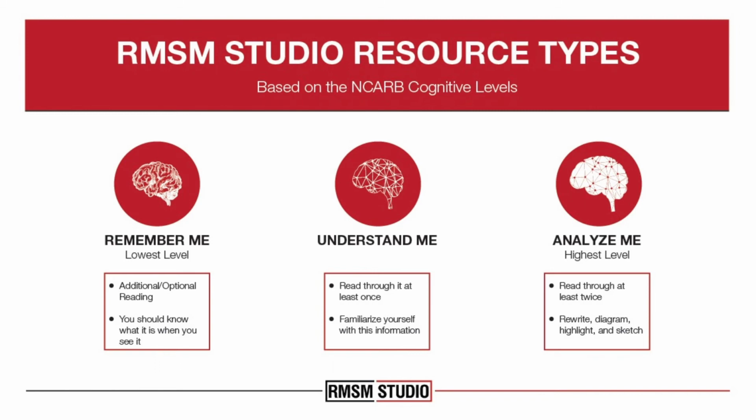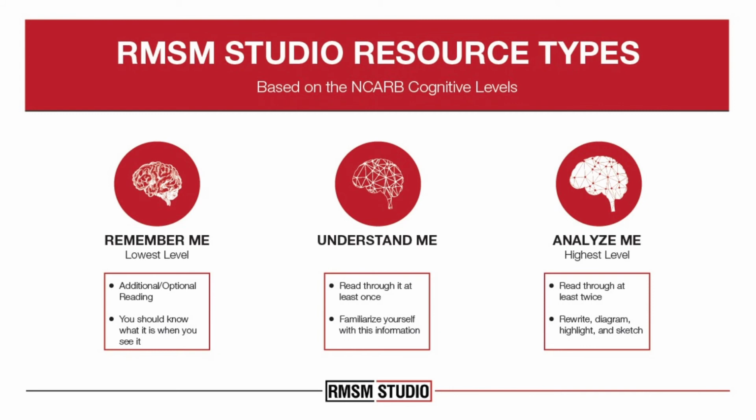Understand Me is something that you need to look at with an additional level of detail. It's a document that you need to read through at least once and familiarize yourself with this information. For me, an example of this would be G704, which is a certificate of completion.